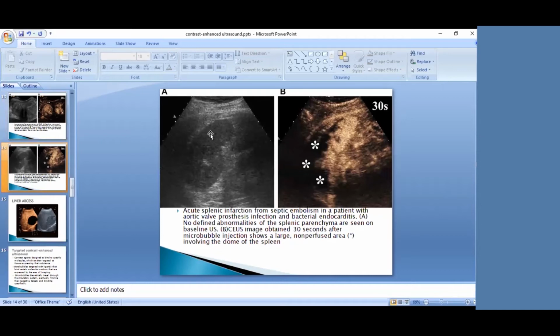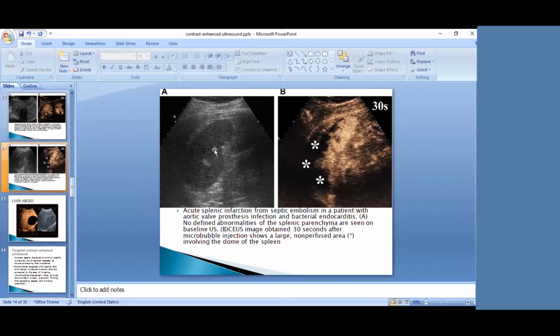This is the spleen, okay. Acute splenic infarction from splenic septic embolism in a patient with aortic valve prosthesis infection and bacterial endocarditis. This patient has what we call a synthetic aortic valve, meaning his aortic valve was replaced.